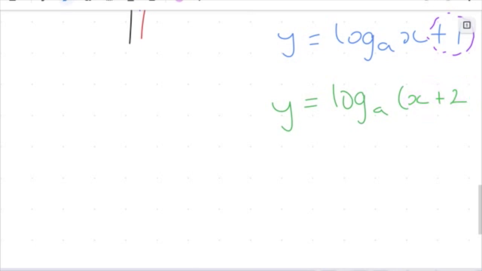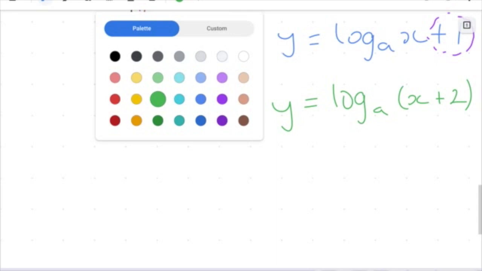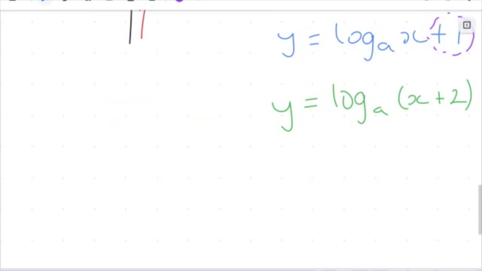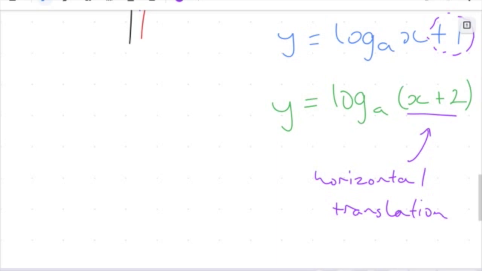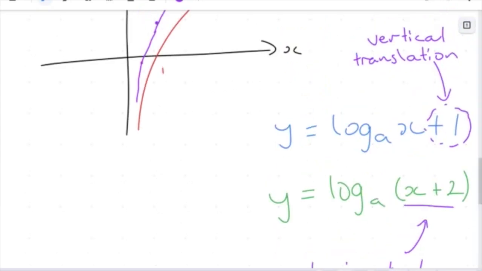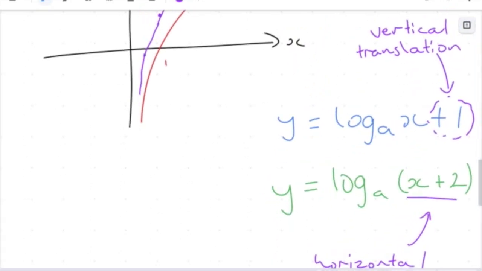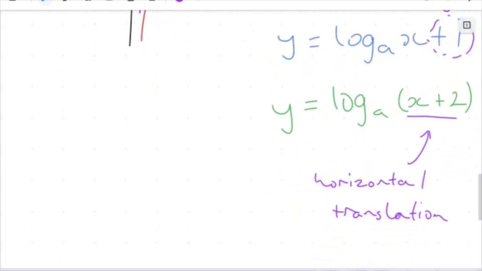Well, we remember this as being, when we looked at parabolas and our cubics and exponentials and all of these things, we identified that this was going to be a horizontal translation. So it's going to shift it left and right. The vertical is up and down, horizontal is left and right.